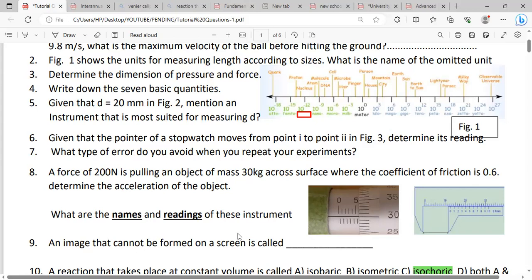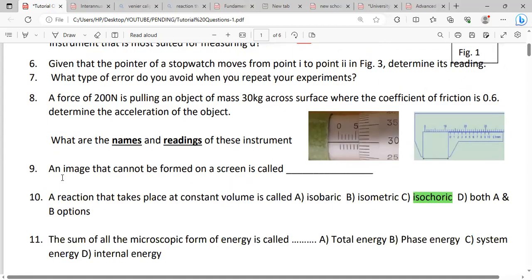I will just glance through a few of these. This one says, an image that cannot be formed on a screen is called a virtual image.